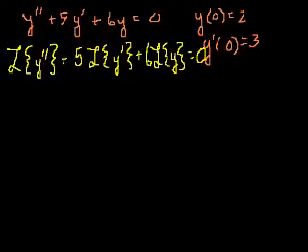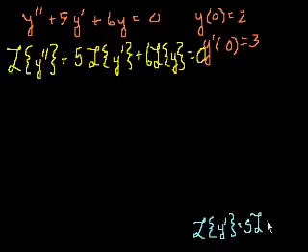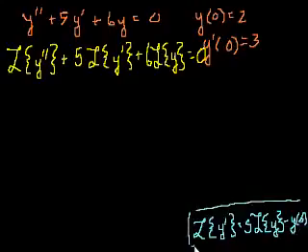So we learned that the Laplace transform of f prime, or we could even say y prime, is equal to s times the Laplace transform of y minus y of 0. Right? We proved that to you, and this is extremely important to know.